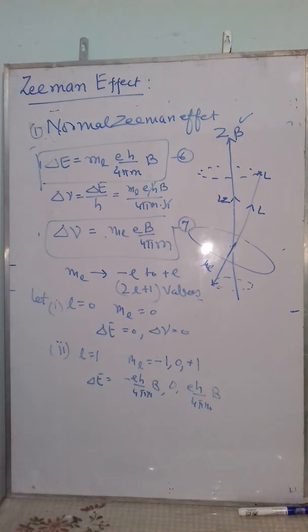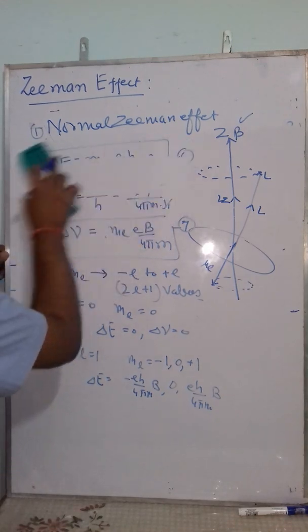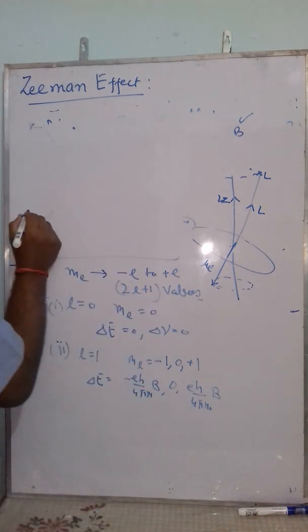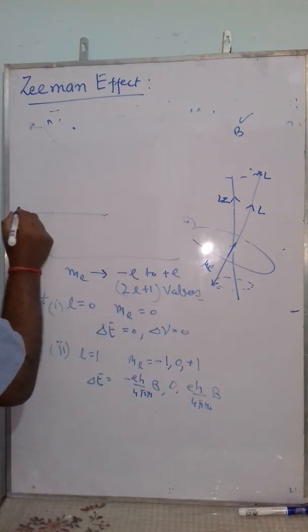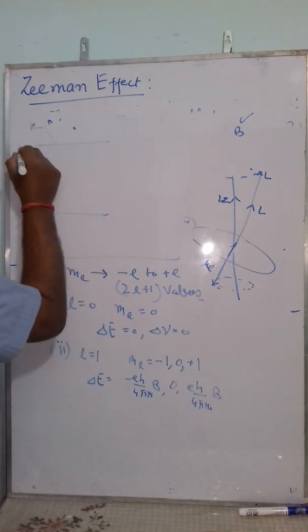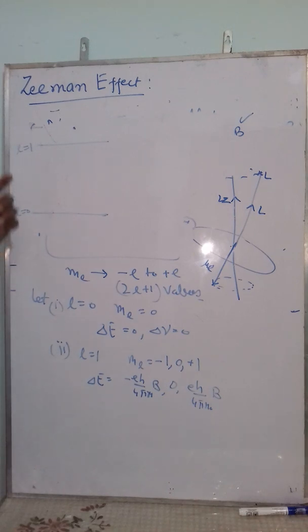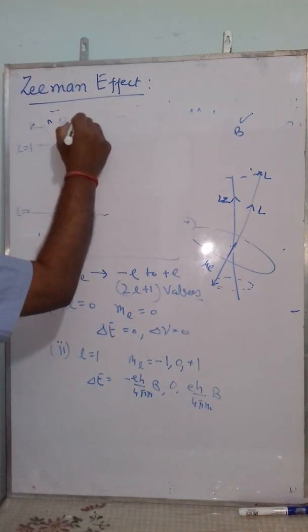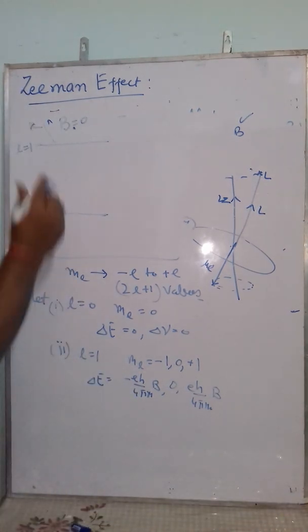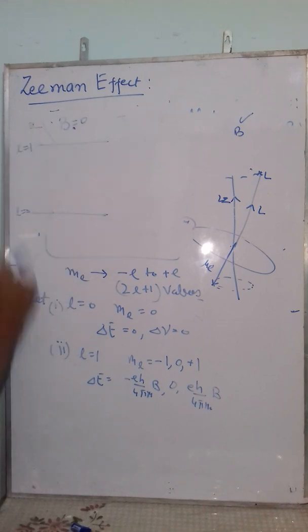This is delta E. So the energy levels: earlier, suppose this was the L equal to 0 level, and this was the L equal to 1 level, right? Initially they were like this, when B is 0, the magnetic field is 0.